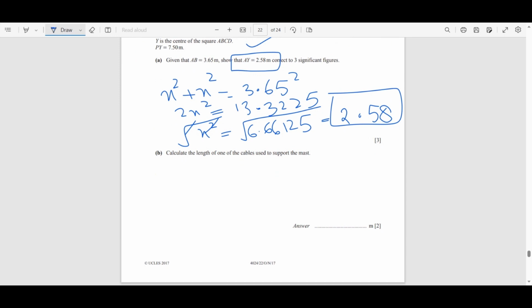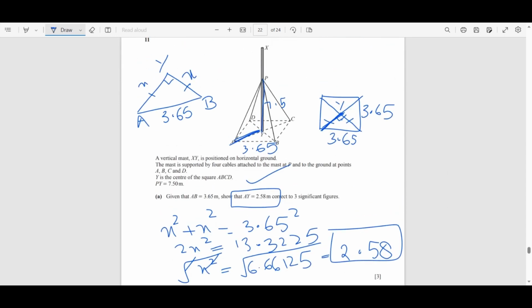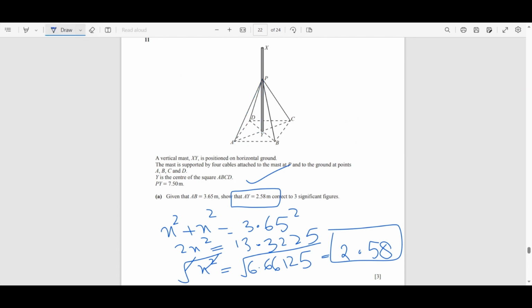Okay, calculate the length of one of the cables to support the mass. One of the cables means we are looking for AP or PC or PB or PD. That's one of the cables. If you want to solve a 3D diagram using Pythagoras theorem or trigonometry, it's always a key point to remember that you have to extract 2D shapes out of it and then try to understand.